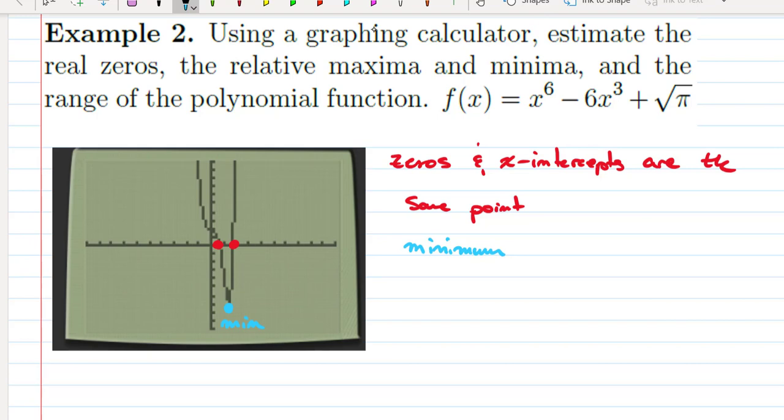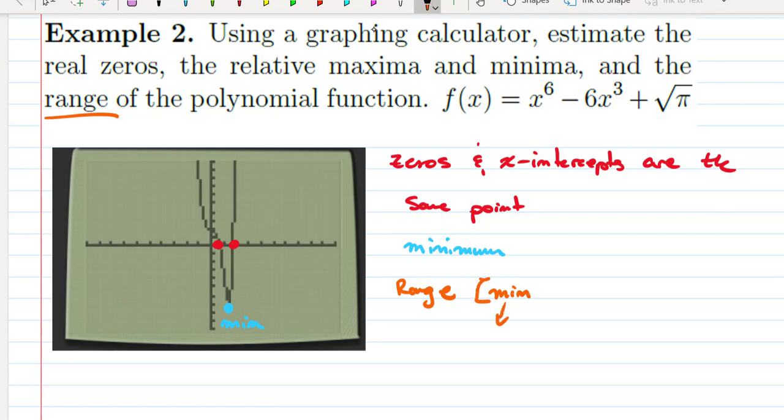So now the question is, how do we use these to answer the question, and how do we find them? The very last thing we want to do is find the range. Well, the range is going to be from where? From our minimum down here, whatever it is.